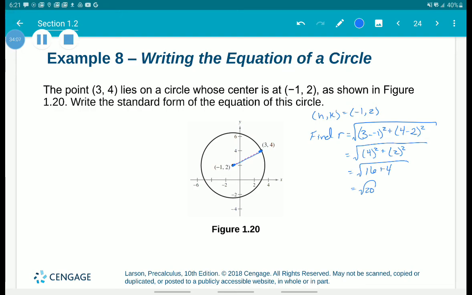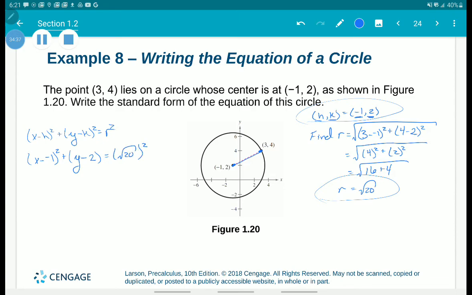So now let's take all of this information, our (h, k) and our r, and substitute it into our formula. So we have (x minus negative 1), that's our h, squared, plus (y minus 2), that's our k, squared, and that's going to be equal to the square root of 20 squared.